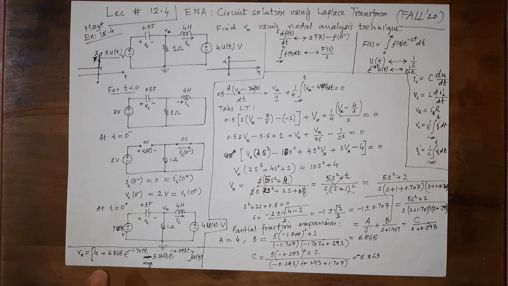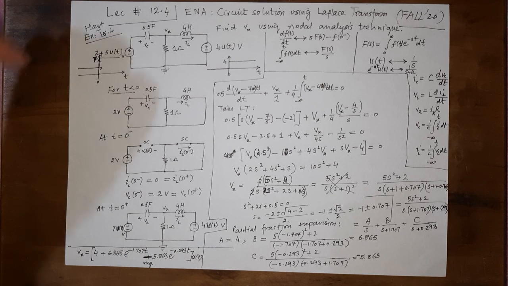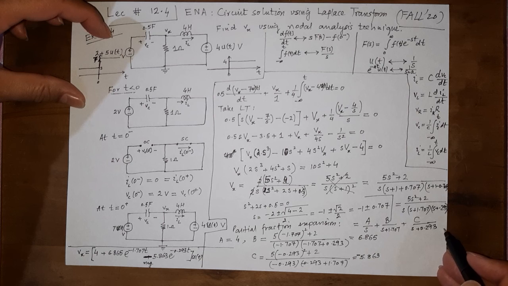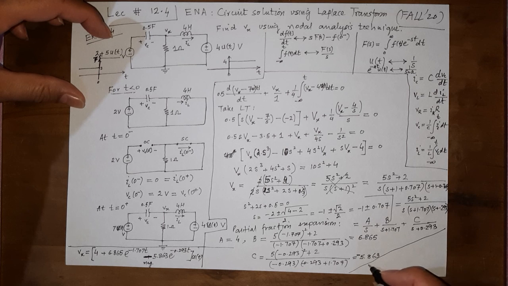Let us verify. Let us check if the answer is correct. So how would we check this? So let us put t equal to 0 here. So what do we get? 1, 1.